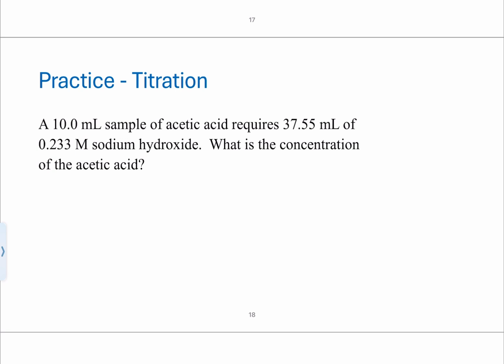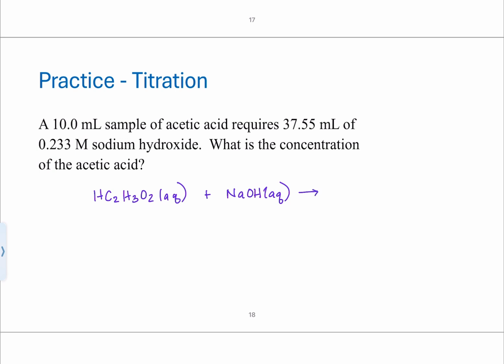What is the concentration of acetic acid? Notice they are giving you the information for one substance and asking for information for another substance. So this means that you actually need to start with a balanced equation because you're going to need the mole to mole ratio. So let's start writing it out.